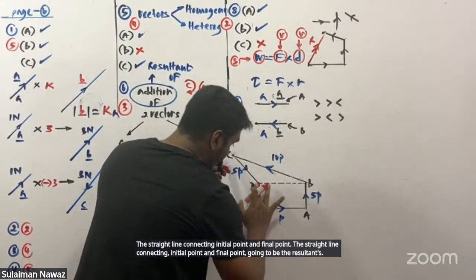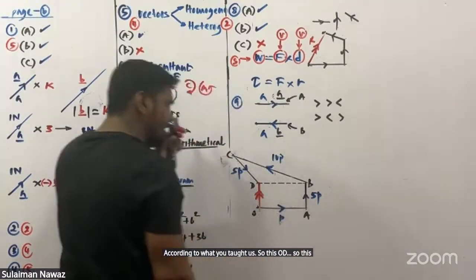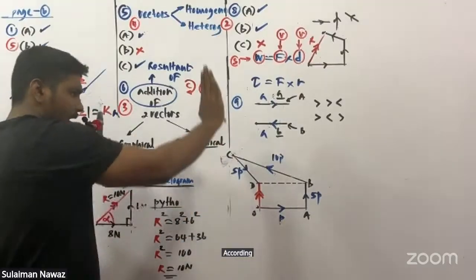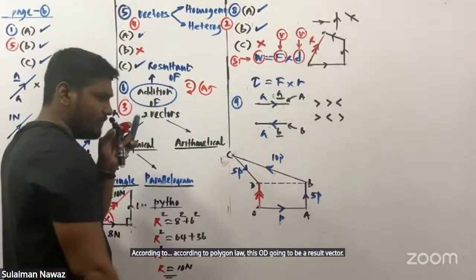So according to polygon law, this OD is going to be the resultant vector, sir. Agree?